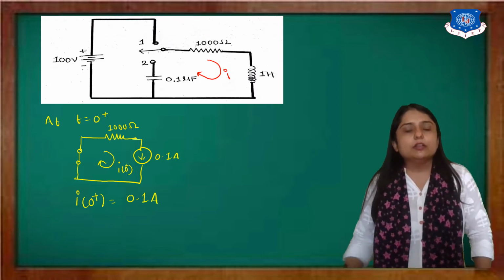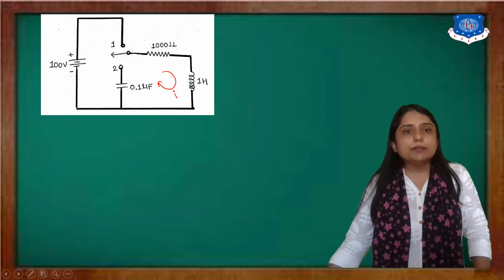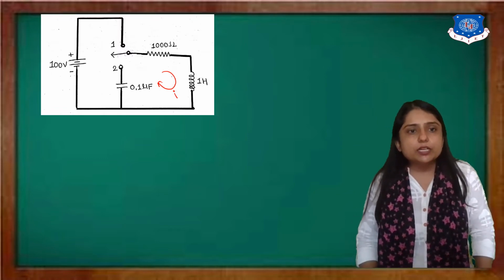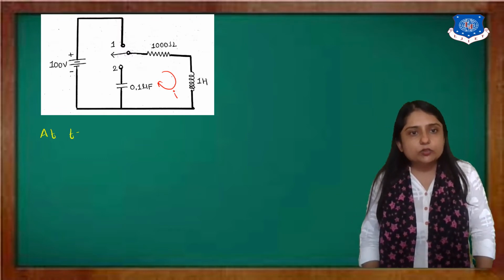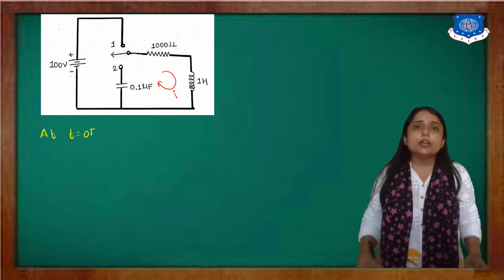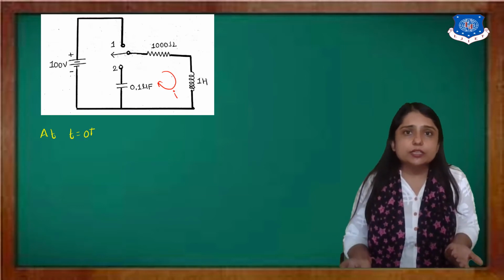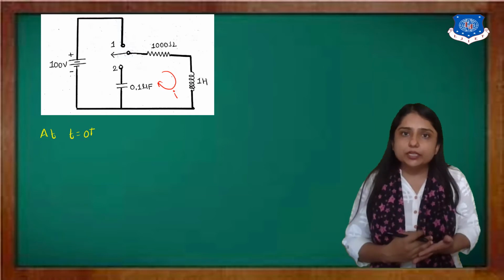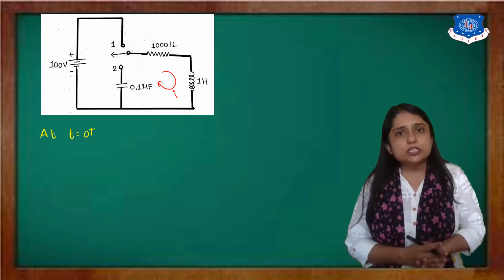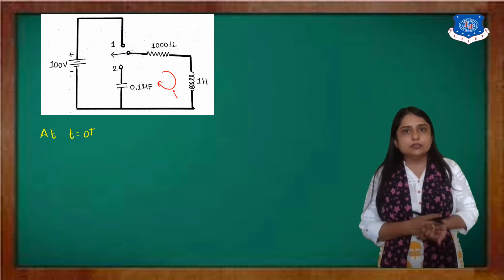Now next we want to find di/dt at 0 plus. So again, we consider t equal to 0 plus. Now just remember one thing: whenever you want to find di/dt, d²i/dt², or in some examples dv/dt or d²v/dt², in such examples you have to consider your inductor and capacitor as they are.